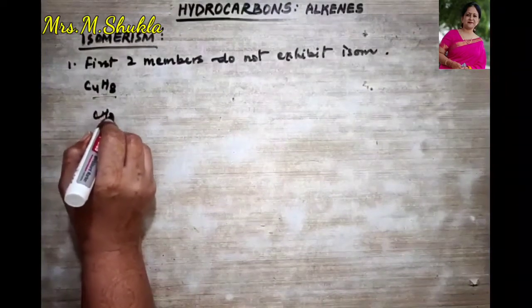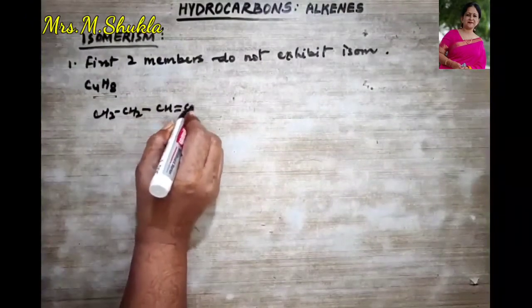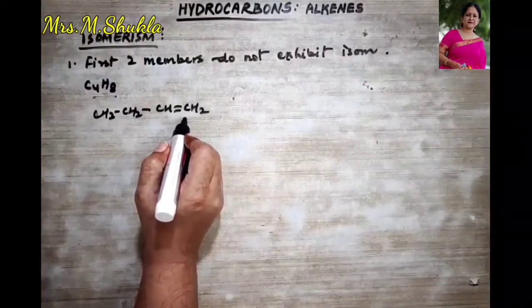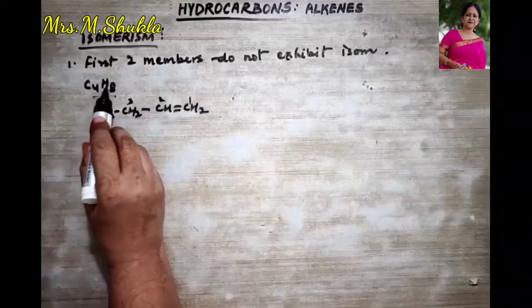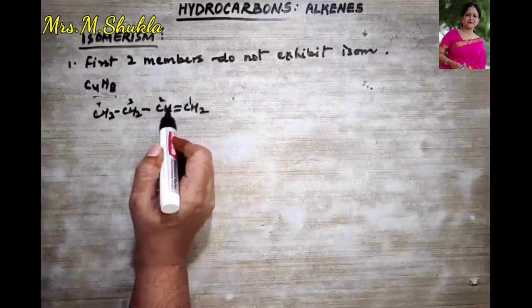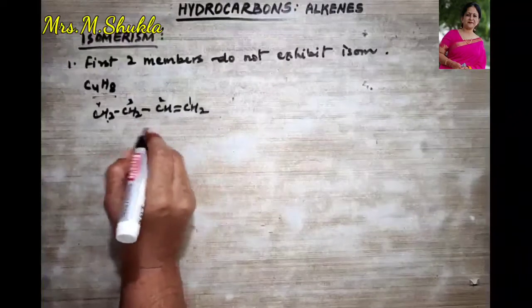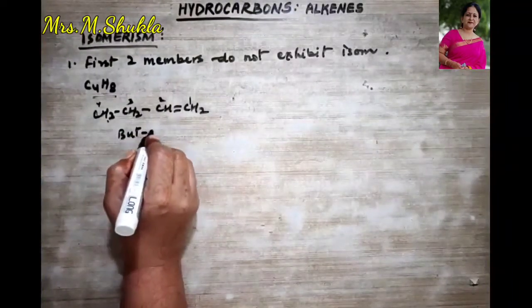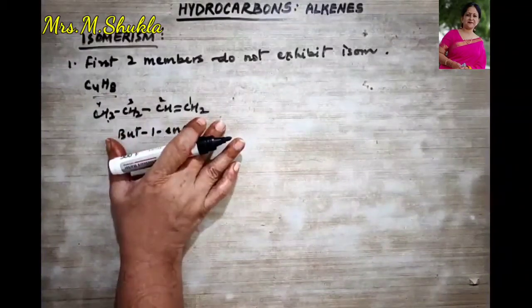It can be CH3, CH2, CH double bond CH2. This is 1, 2, 3, 4, so C4 and H8. C4H8. How are you going to name it? It is but-1-ene. This is your first isomer.